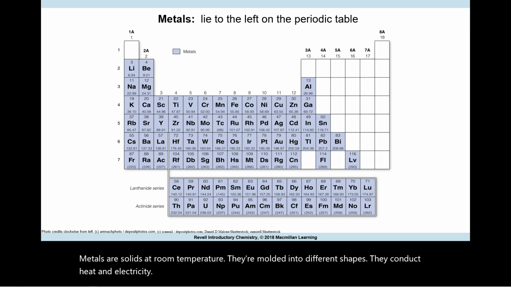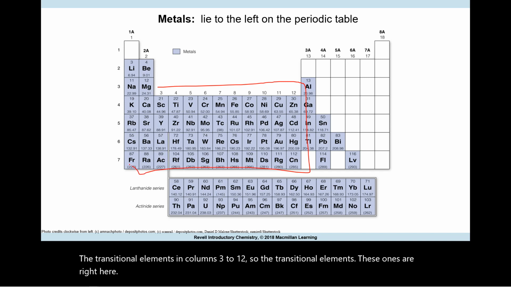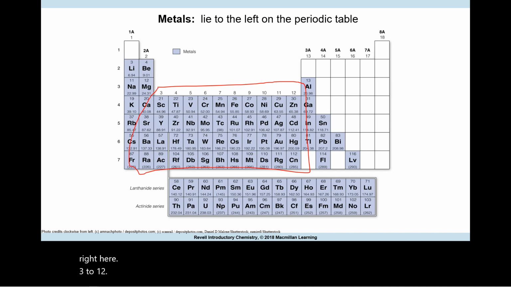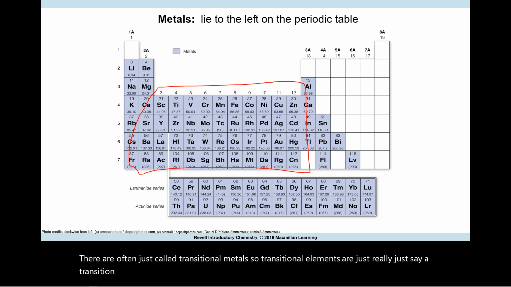The transitional elements in columns 3 to 12, these ones right here, okay, they're often just called transitional metals. So for transitional elements, we just say transitional metals, or heavy metals. Those are the names that they get given.